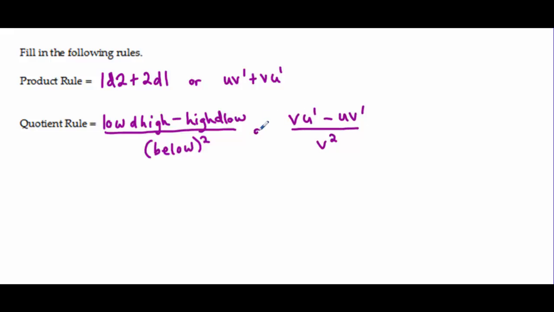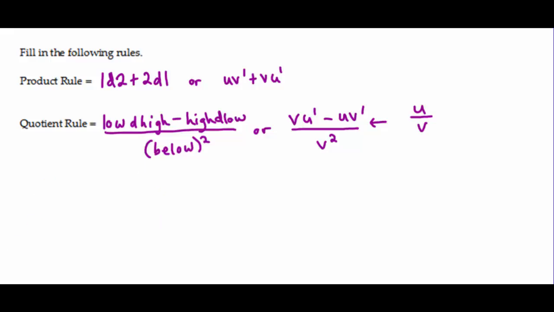If you're writing it this way, then you're starting off with u over v. So v is the bottom, u is the top. So low d high minus high d low over the square of the one below. Whichever way you want to have this memorized is fine, and depending on who you are, one of these will be easier to memorize than the other, and that's fine. I'm not saying I'm going to ask you, but if I were to ask you to write down these 2 rules, these are the kinds of things that I would expect to see.